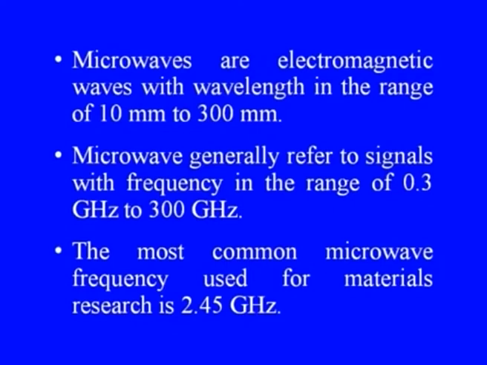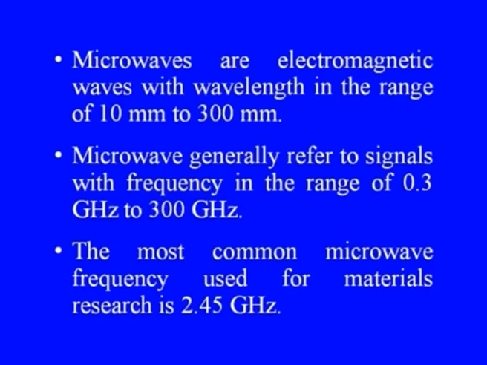We have spoken about microwaves and their effect on different materials. Now, let us quickly brush up on what microwaves basically are. We have said several times that microwaves are electromagnetic waves with wavelengths in the range of 10 millimeter to 300 millimeter. As we all know, there is an electromagnetic spectrum in which we can represent different rays or energies in terms of wavelengths, which we will see pictorially as well.